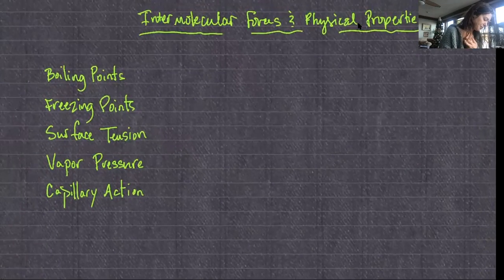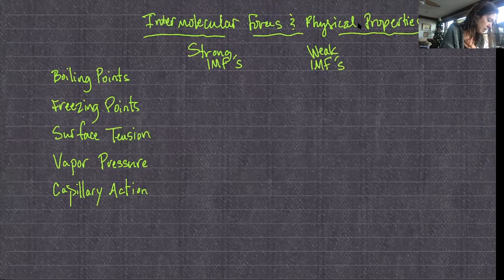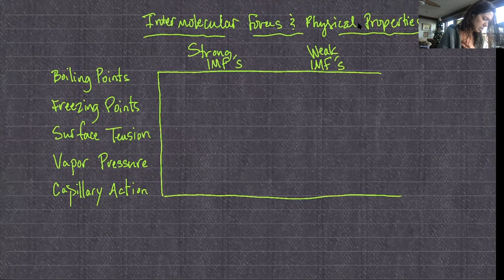Now, if a substance has strong IMFs, we will discuss their boiling points, and if a substance or physical properties in relation to a substance that has weak IMFs. So this will organize what we learn and discuss. It will help us to organize our answers or our information.